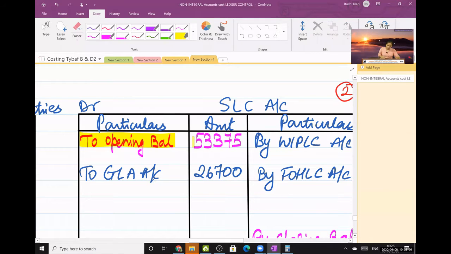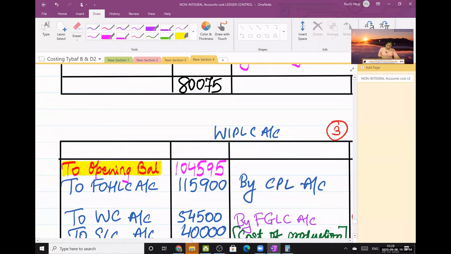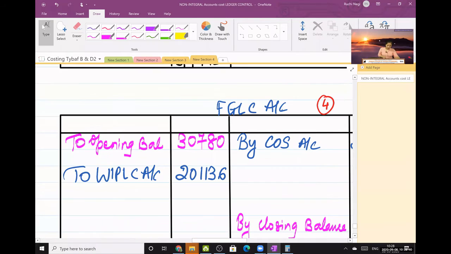Opening balance of SLC 53,375. Opening balance of WIP 1,04,595. Opening balance of finished goods ledger 50,780.